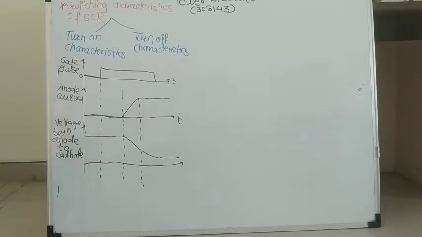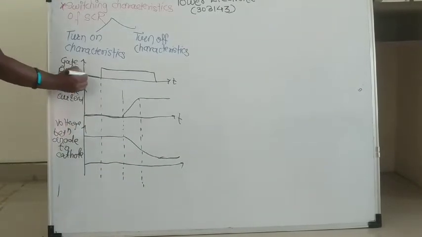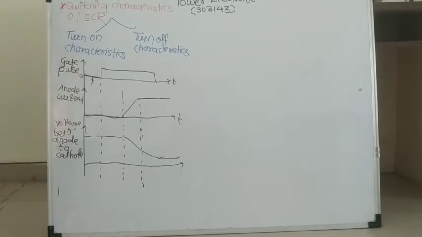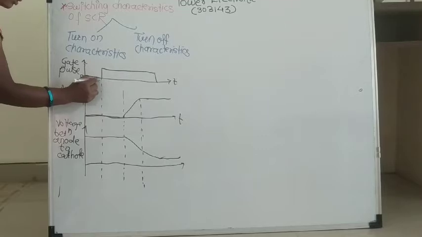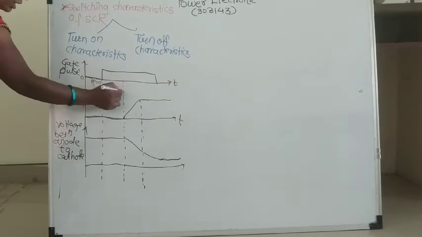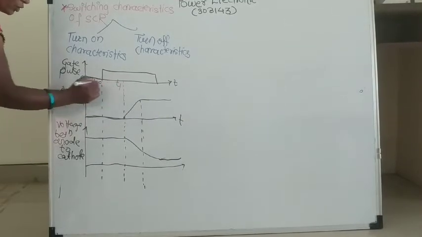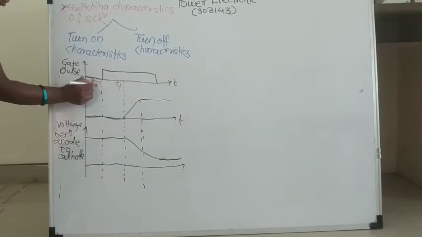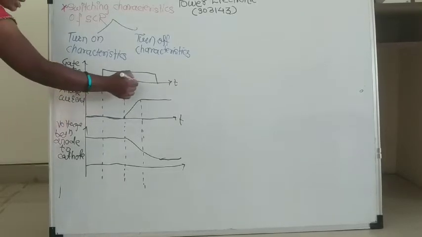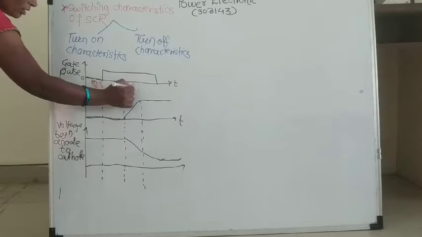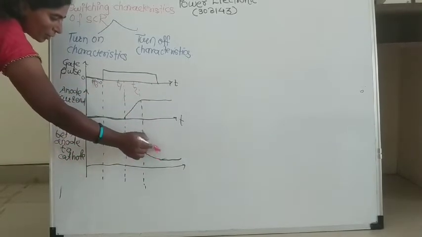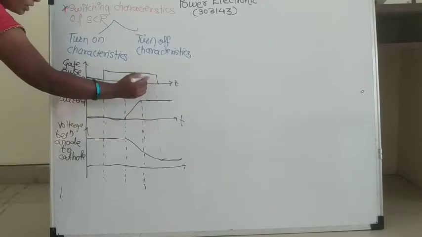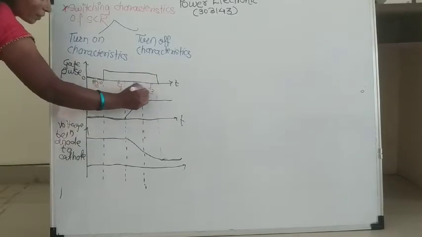Now here, this is the time t is equal to 0. After that, this is t1. We can say that t is equal to 0 means t0. This is t1, then t2, and here t3.